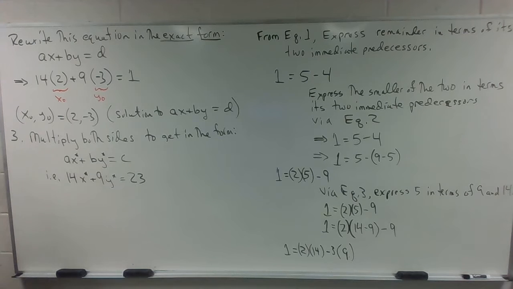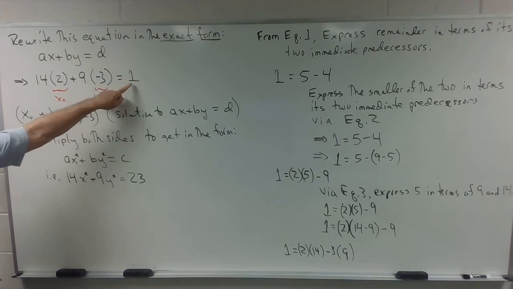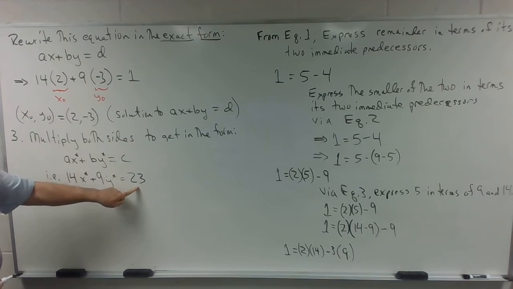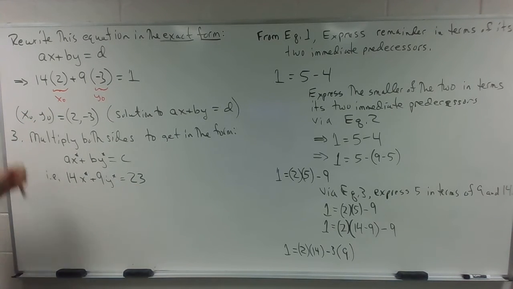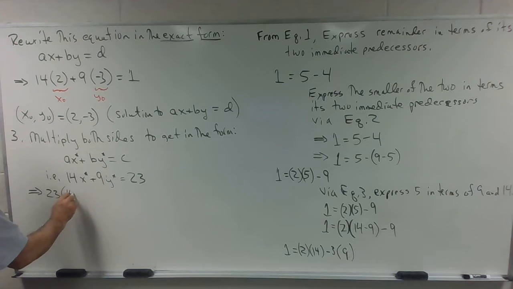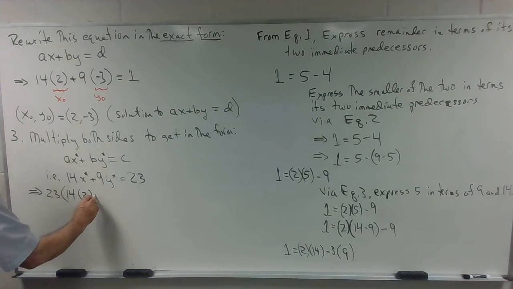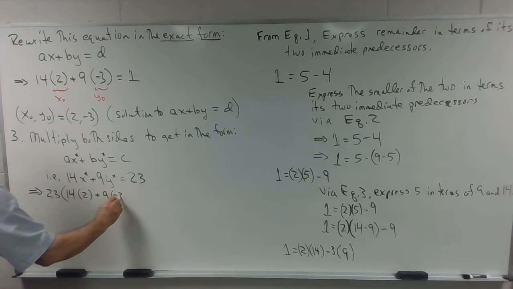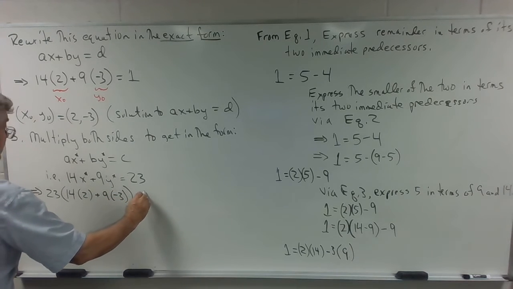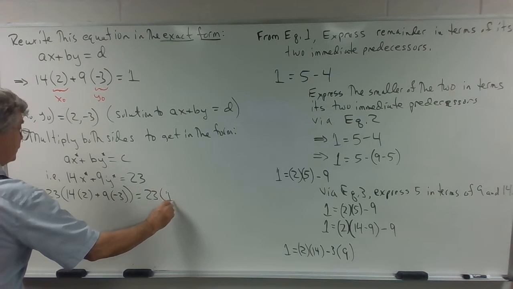Well, what do I have to multiply this equation by to make the right-hand side equal to 23? Got to multiply it by 23, right? So I have 23 times 14 times 2 plus 9 times -3 equals 23 times 1.